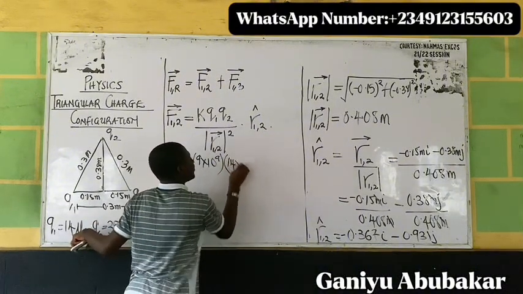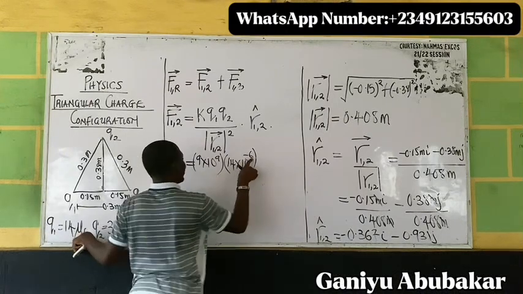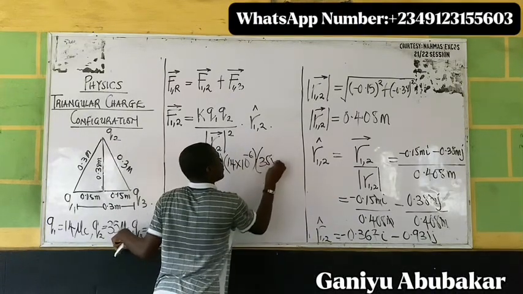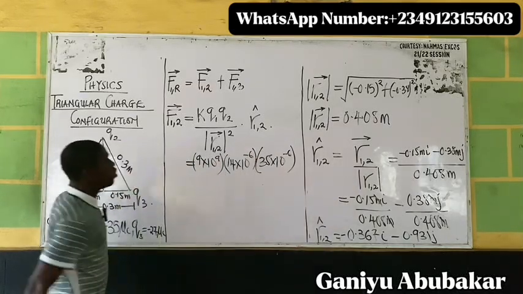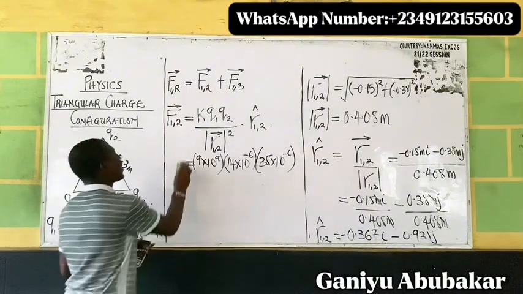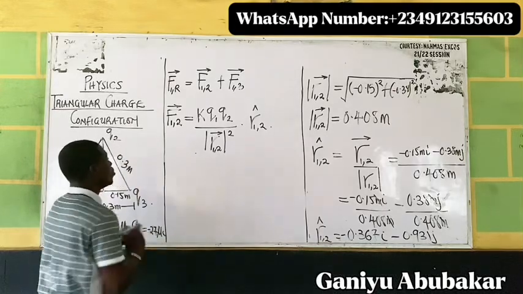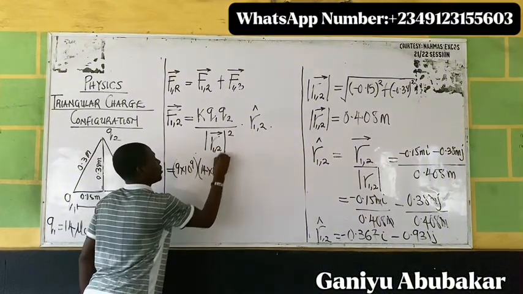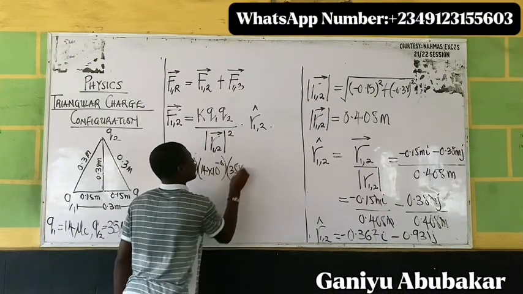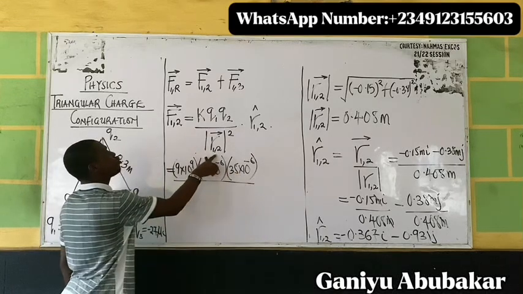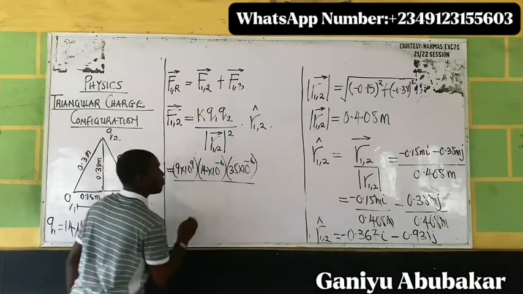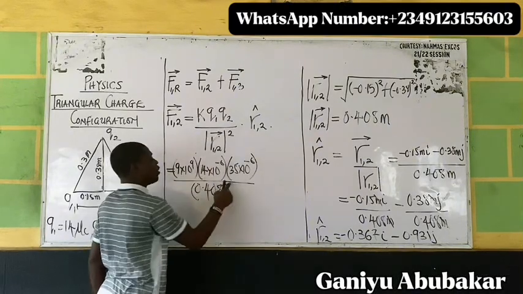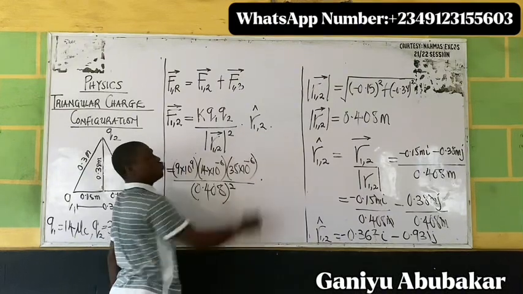Q1 is 14 times 10 to the power minus 6, and 10 to the power minus 6 is micro, so 14 micro Coulomb, into Q2, which is 35 times 10 to the power minus 6, all over the magnitude of R12 squared. The magnitude of R12 is 0.408, and I have a square here, dotted with the unit vector of R12.